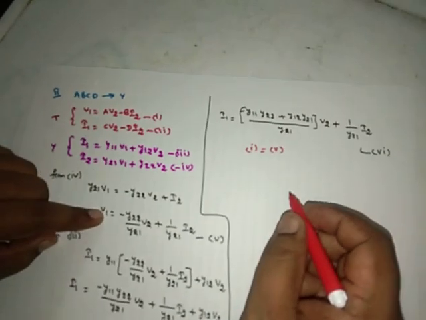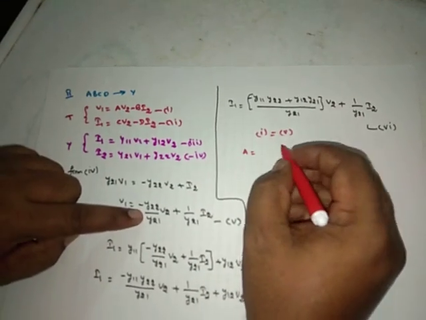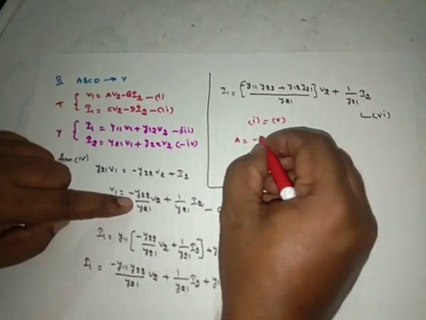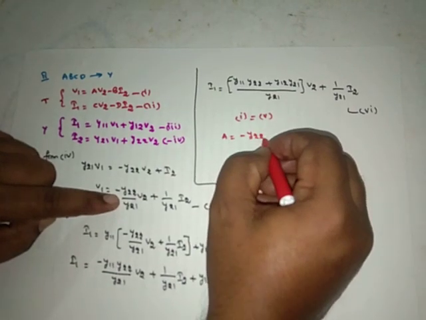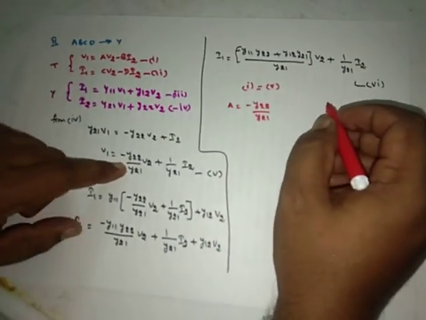Now here V1, A is equal to minus y22 by y21.